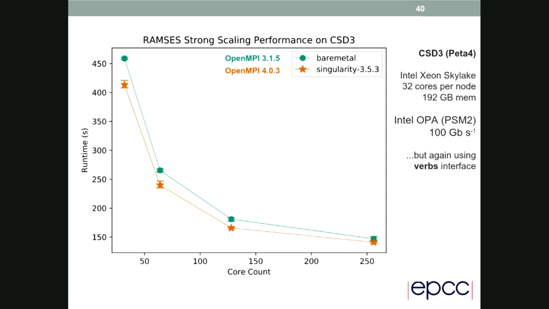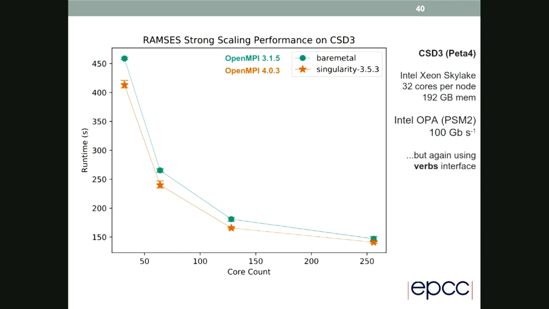I'd used an early version of OpenMPI version 3, whereas within the Singularity container, I'd compiled Ramses with a newer OpenMPI. So the performance improvement is down to the update in the OpenMPI version. If they had been the same version of OpenMPI, again, as with the Cirrus results, the performance would have been indistinguishable.